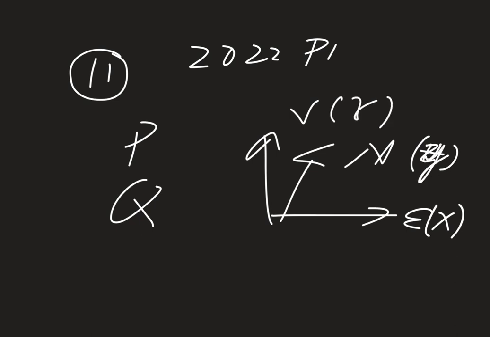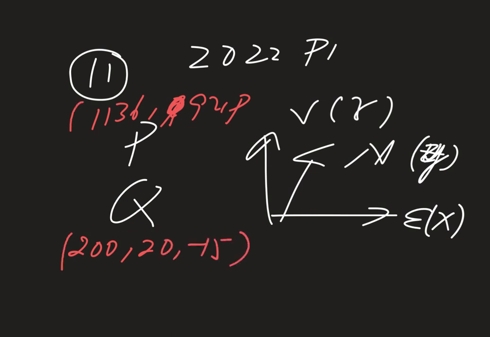So then it says that P has coordinates 1136, 92, p, and Q has coordinates 200, 20, and minus 15. Okay, so these are the coordinates. The length of the pipeline PQ is 939. Given the level of P is below that of Q, find the values of p.